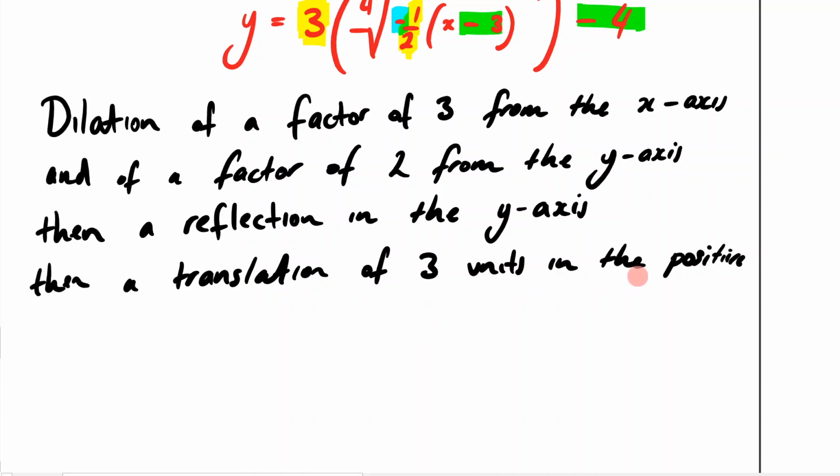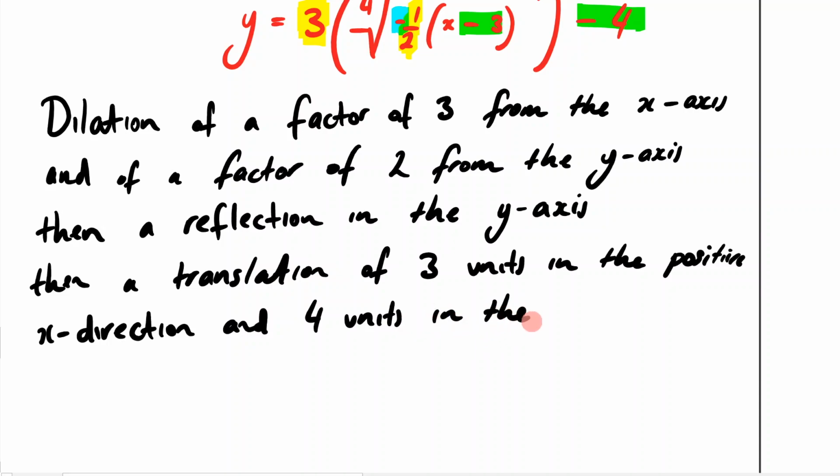A translation of 3 units in the positive x direction and 4 units in the negative y direction. Wait, let me just rewrite that. In the, so 4 units in the negative y direction. And we got there.